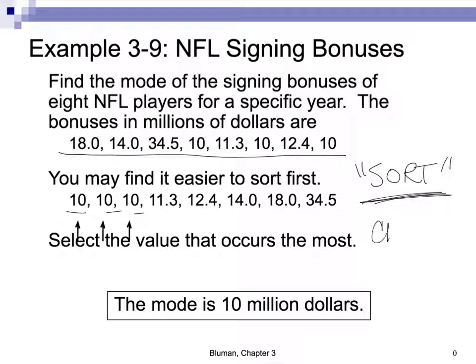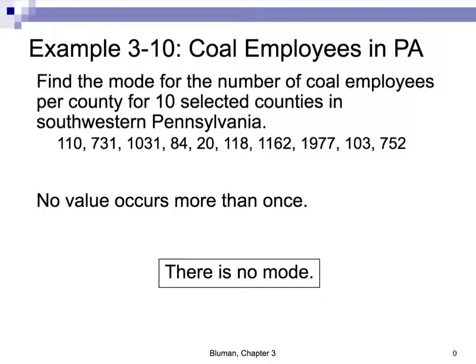Again, if you go to the catalog, that's going to be pretty easy for you to find that function. Okay, in this case, yeah, you can go ahead and put these in order if you would like, but as you can see that there's not a value that occurs more than once, so therefore there's no mode.